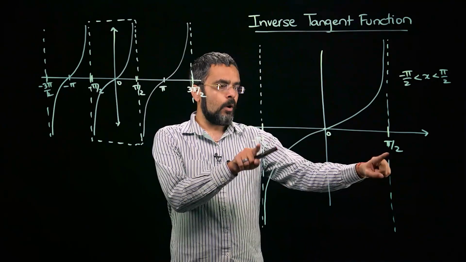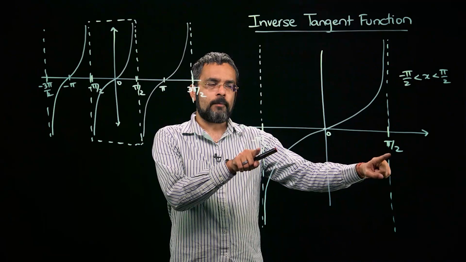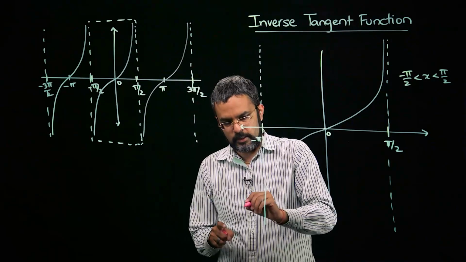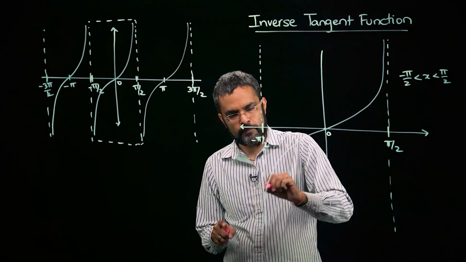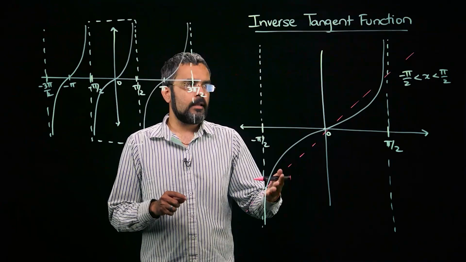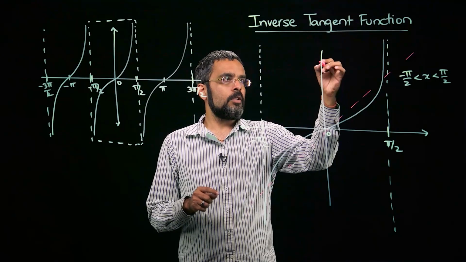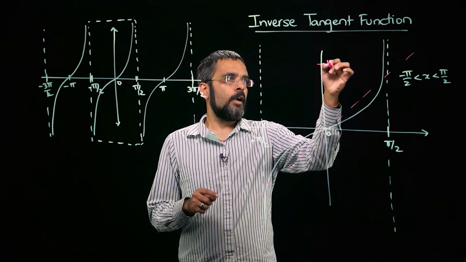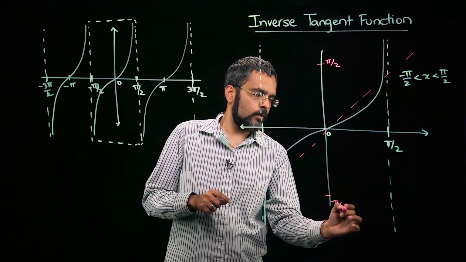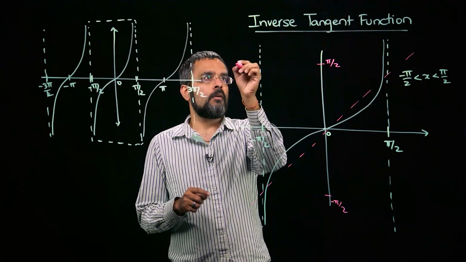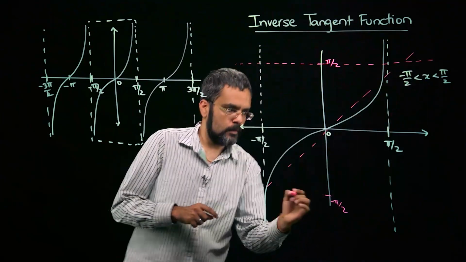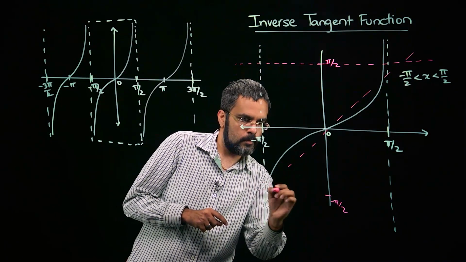My vertical asymptotes at pi over 2 and negative pi over 2, if I reflect them over the line y equals x, so let's say this is my line y equals x. Okay, if I reflect it about that line, they're going to become now horizontal asymptotes at pi over 2 and negative pi over 2, right? So I'm going to have horizontal asymptotes over here and over here.